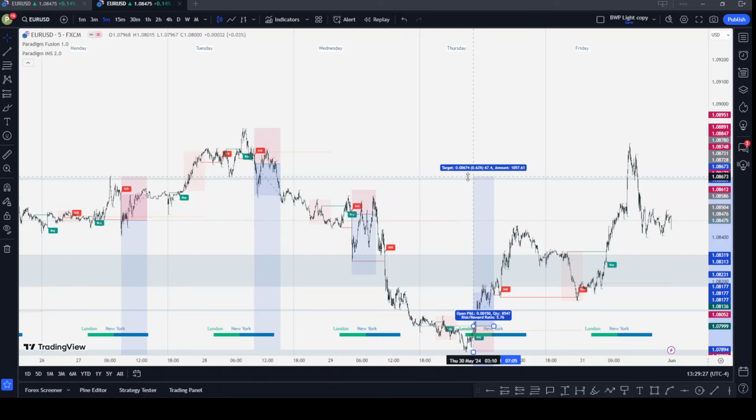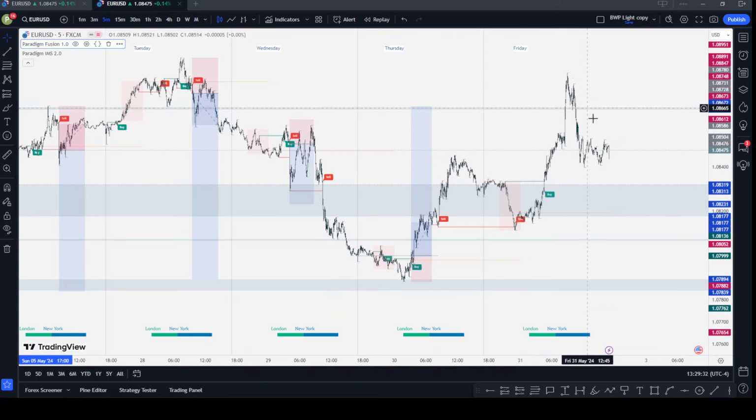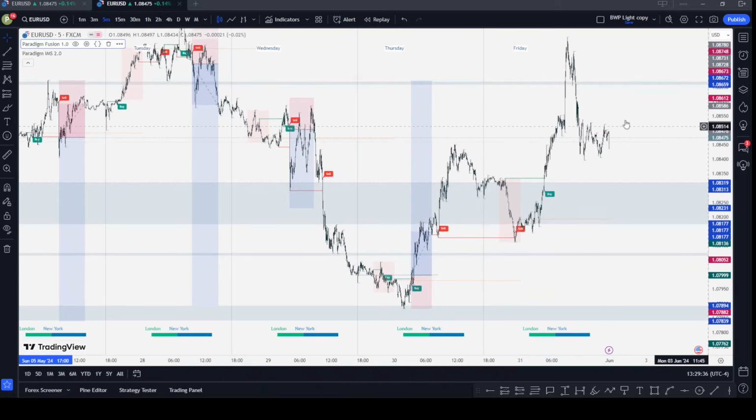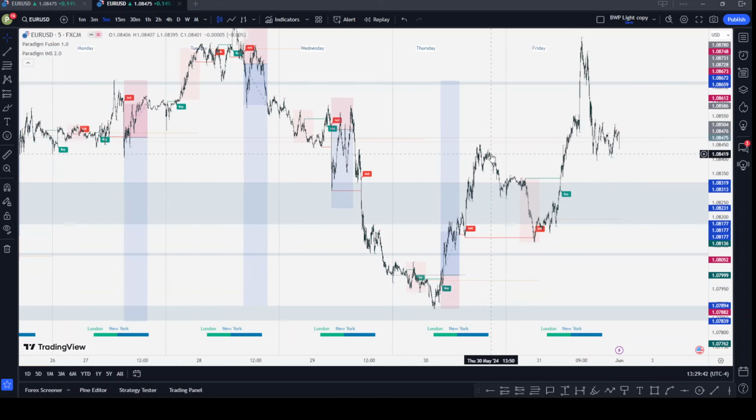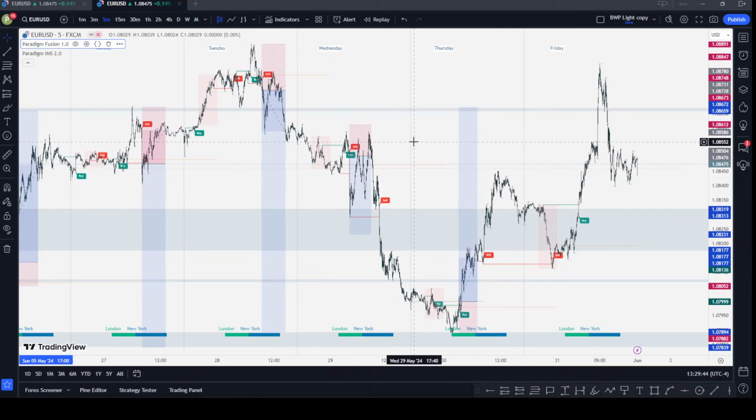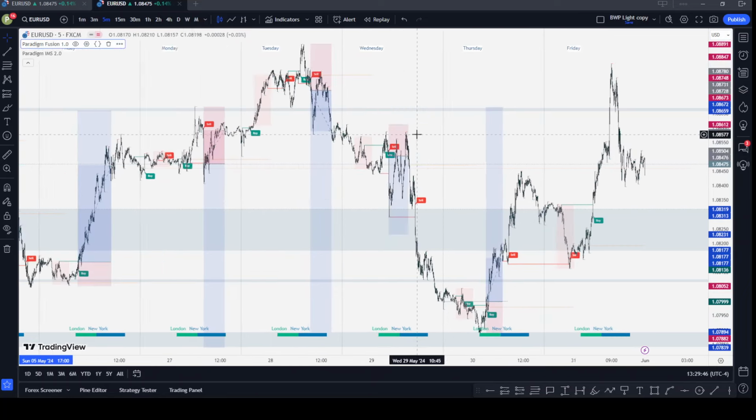Because you know that by the end of the week, you don't expect that price will close above it. So it rallied above it and then instantly rejected to close back below it. That's pretty much what you are going to be looking at the start of the week.